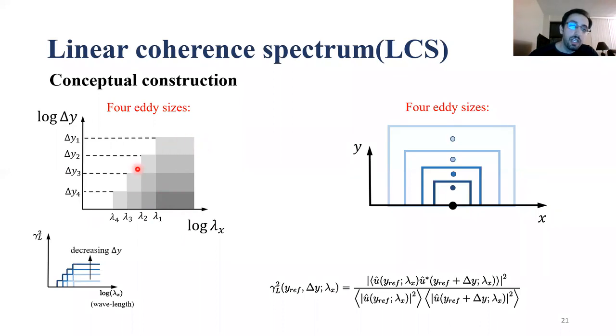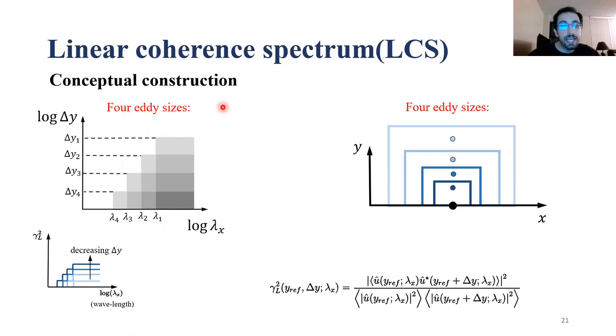So here we're showing the isocontours of coherence, and lighter colors show lower coherence values, and darker colors show higher coherence values. You can see that by increasing wavelength and decreasing delta y, we get higher coherence values. Now, this coherence spectrogram is constructed for 4 eddy sizes.